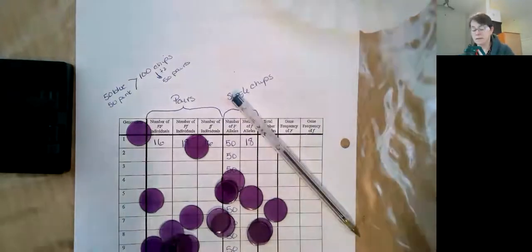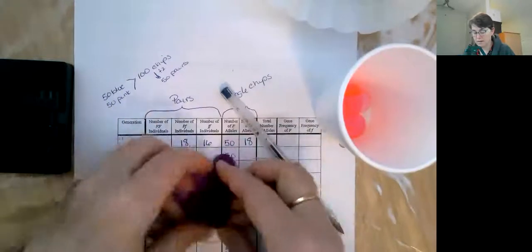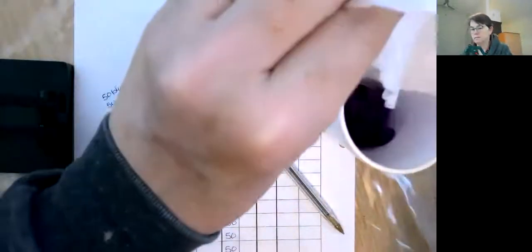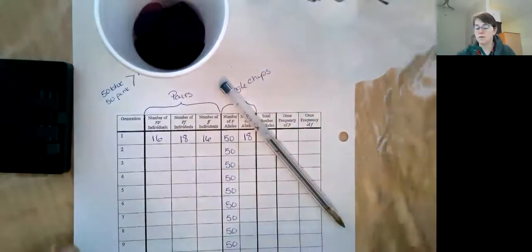So what happens to these guys? They are still part of the breeding pool, as are these ones. So all the blue chips go back in. So right now, these represent the dead bunny rabbits. They're out of the game. We don't need those anymore.